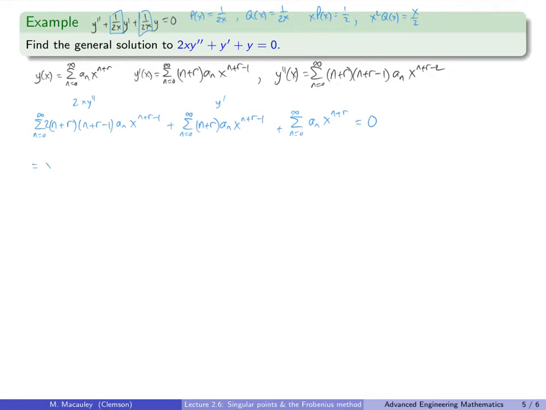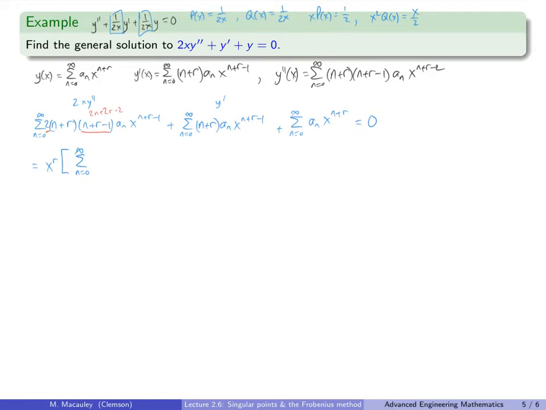So now I'm going to factor out x to the r, because we have that in everything. We don't need that. Now I'm going to combine these first two terms, the sum from n equals 0 to infinity. Now what's left? We have a bunch of n plus r's here, and we got one n plus r here. So how many n plus r's do we have in this first term? We have a 2 times n plus r minus 1, so we have 2n plus 2r minus 2.